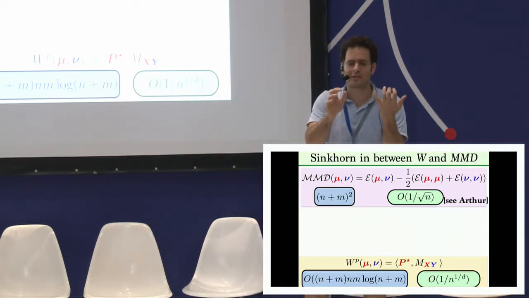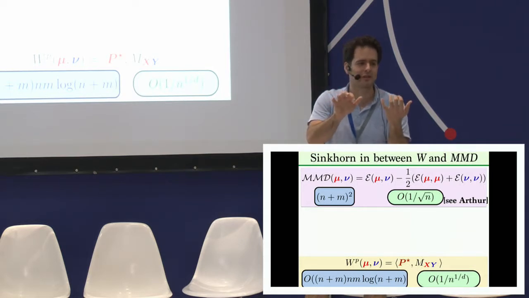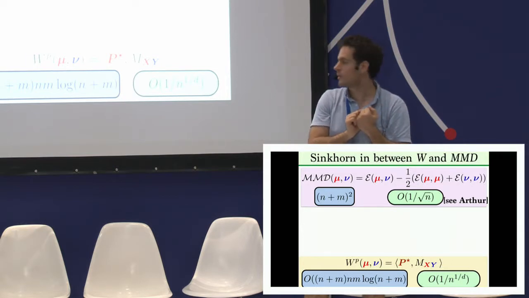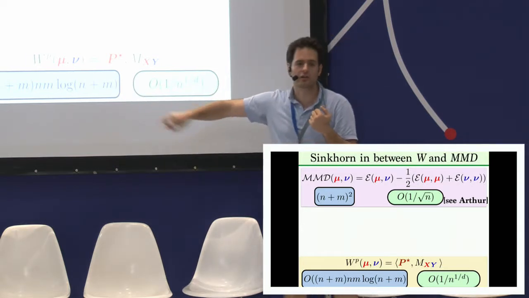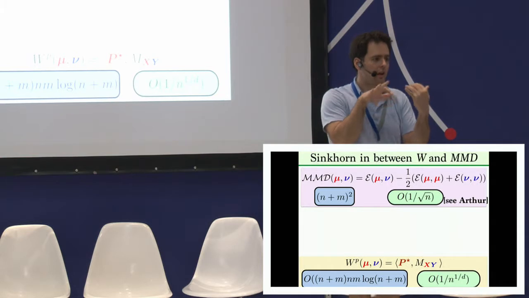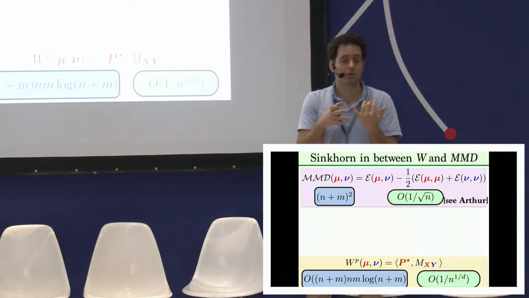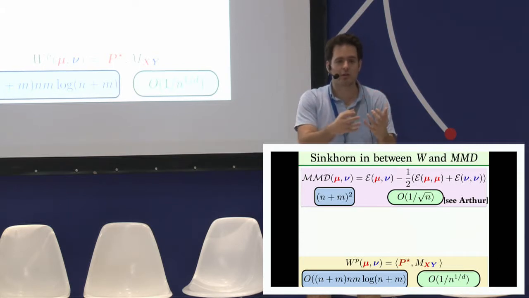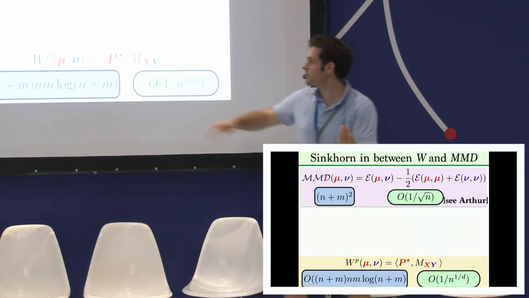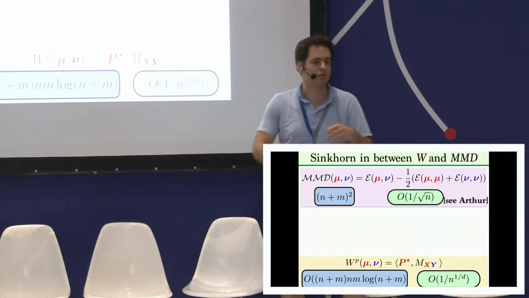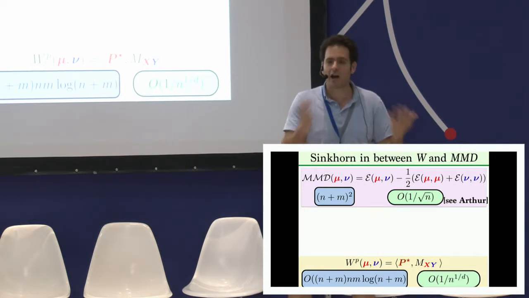And if you have an ML background, you know that working too hard on samples is somewhat overfitting. And this is exactly what happens. Because you're overfitting a lot and trying hard to compute the optimal coupling and the distance, you're far from what you would get if you really had access to the probability distributions themselves. You never have access to that, right?